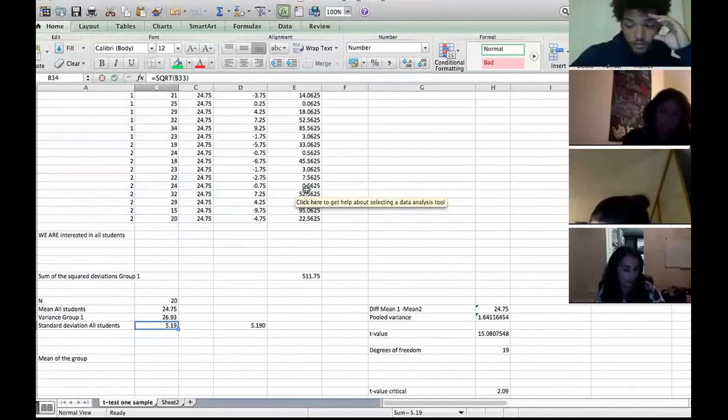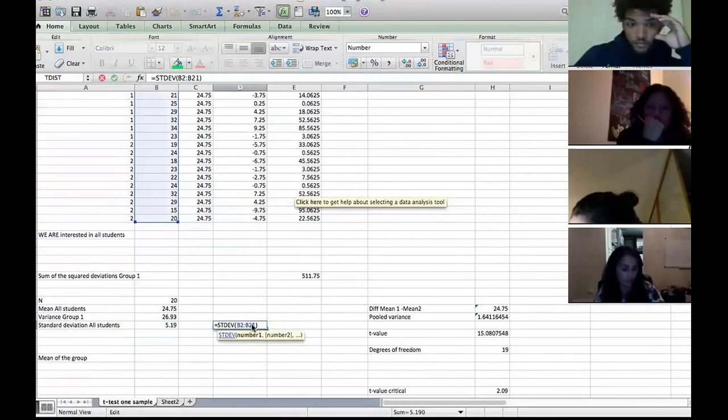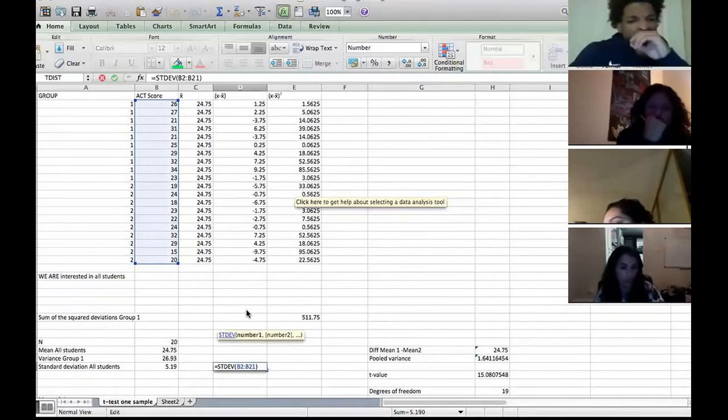Now, I want to show you that in Excel, you could go directly to the standard deviation. I made it a little bit more explicit in the other examples for the homework in worksheets 1 and 2. I showed you exactly which standard deviation formulas we have in Excel.